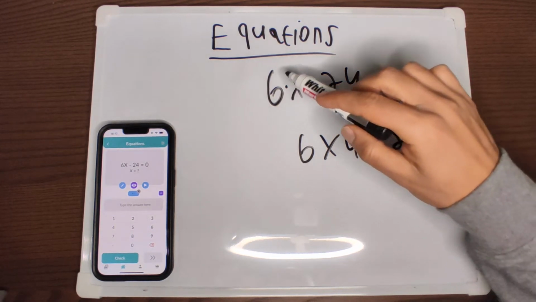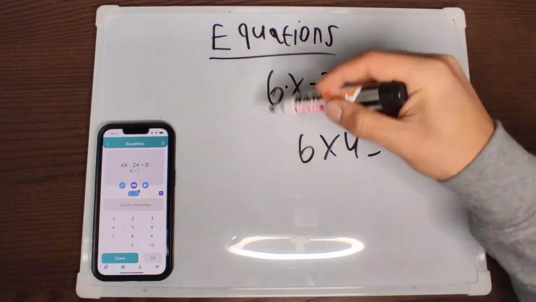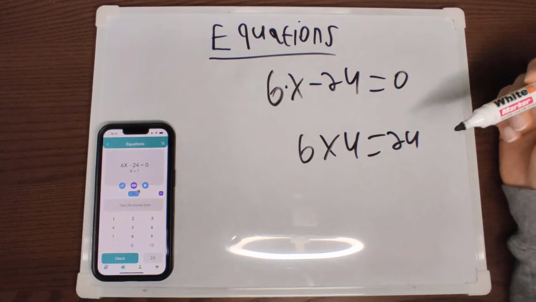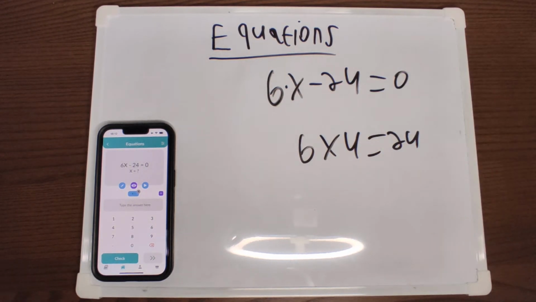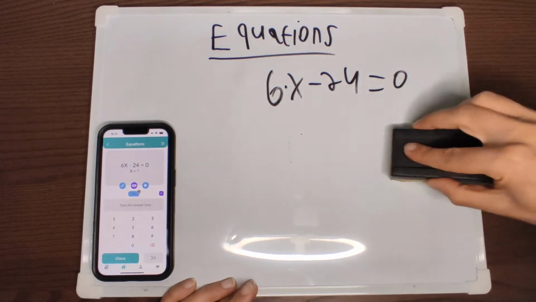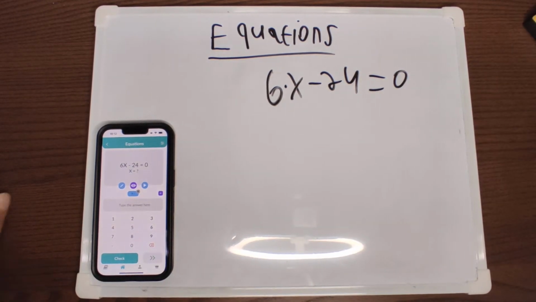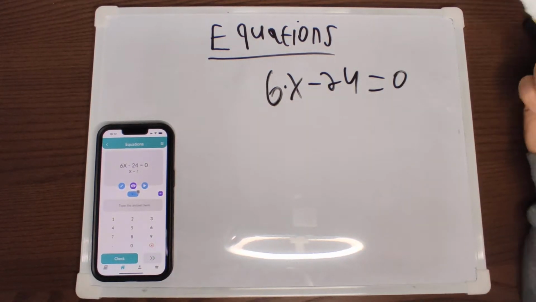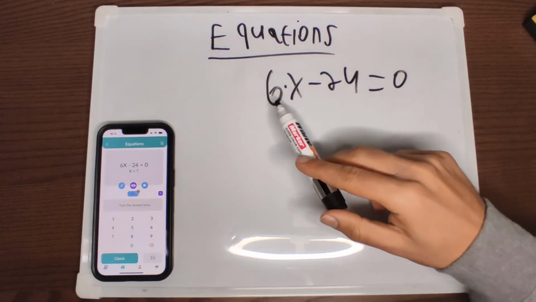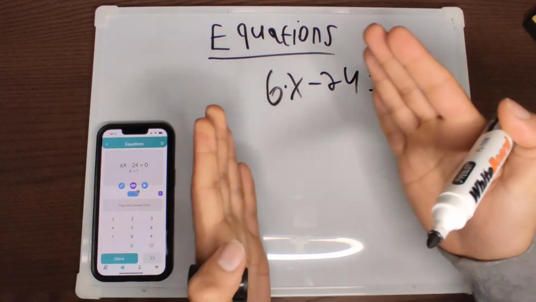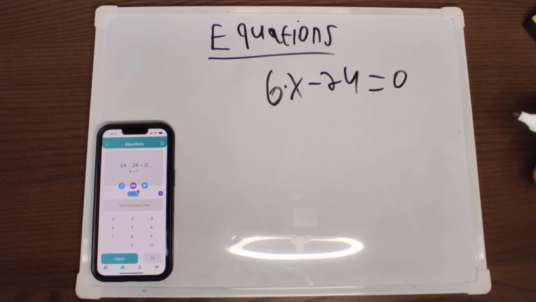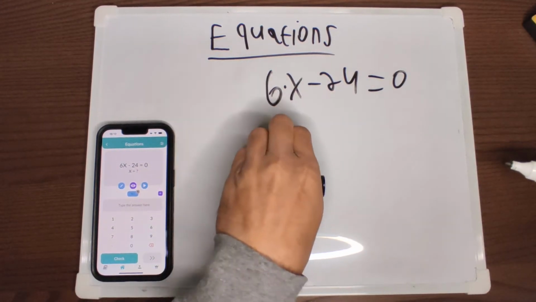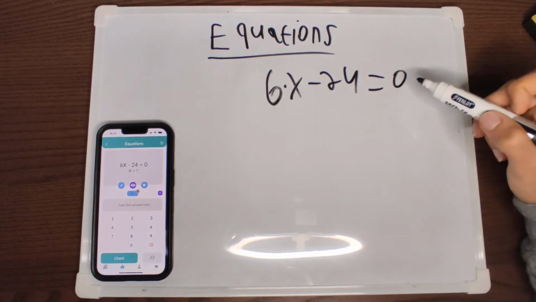But now when x is part of our exercise, the sign cannot be x for multiplication because the x already means something else. So the mathematical experts invented the dot. The dot is our new multiplication. So when in mathematics we see 6x stuck close to each other, it means that there is a multiplication between them. So it's 6 times x minus 24 equals 0.